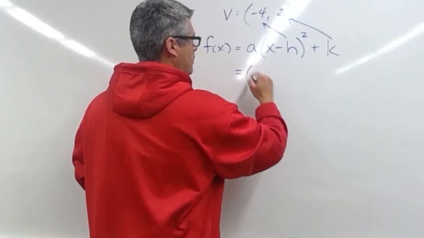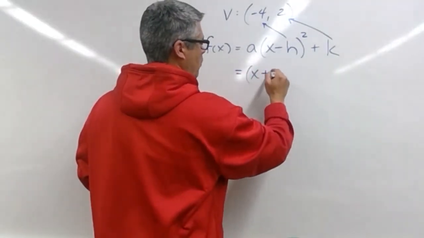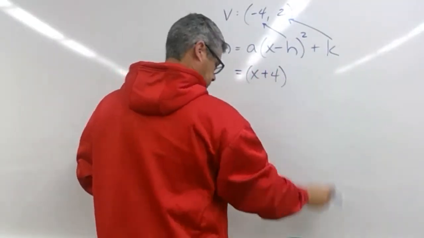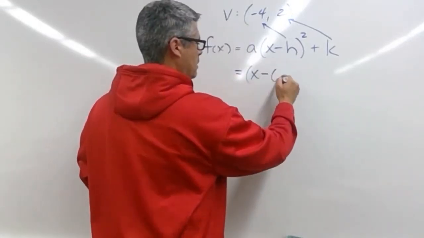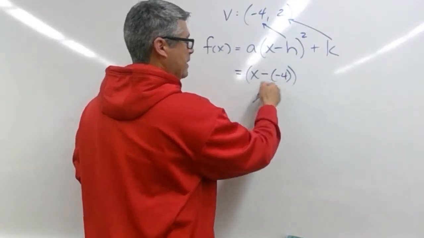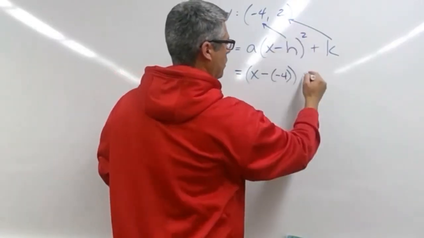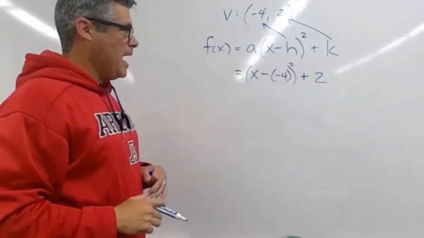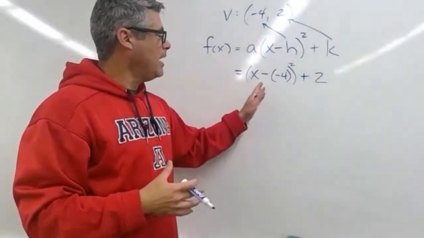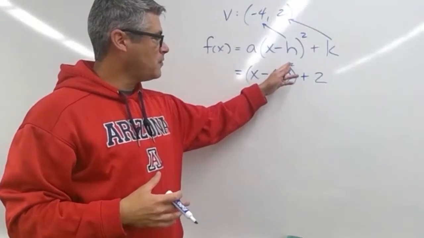So I'm going to just plug in -4 for H. I'm going to do that a little differently so you can see it. All right, so there's my -4 for H, and I'm going to plug 2 in for K. Okay, and now I got to work that problem out by FOILing this, right, because it's squared.